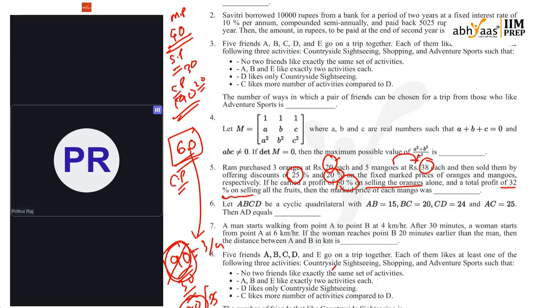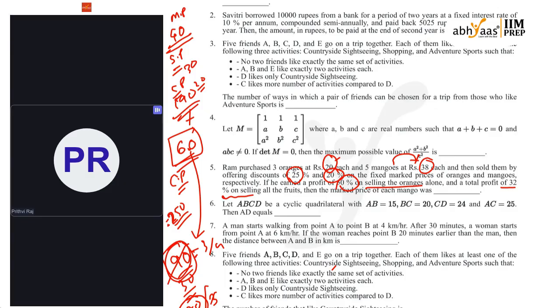Okay, done with oranges. But what about this thing? We got 32% on selling all the fruits. So first of all, the fruits cost me 60 plus 90, which is 150. So 32% means 45 plus what is 2% of this? Sorry, it is 250. My bad.